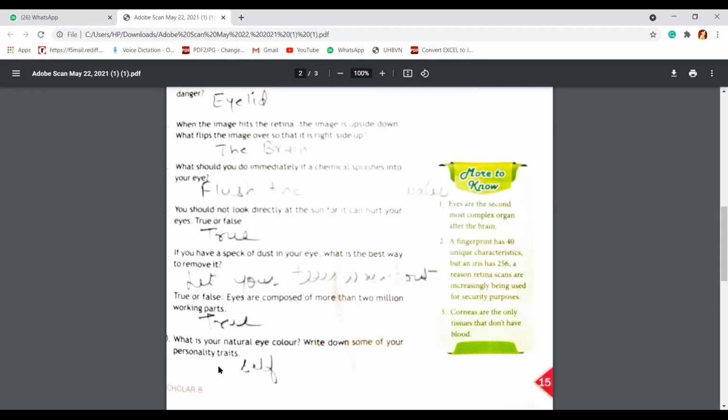More to know: eyes are the second most complex organ after the brain. It is a very important concept that everybody should know, because the brain is the first most complex organ.